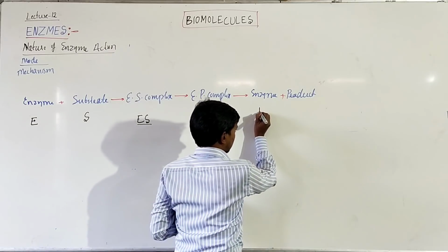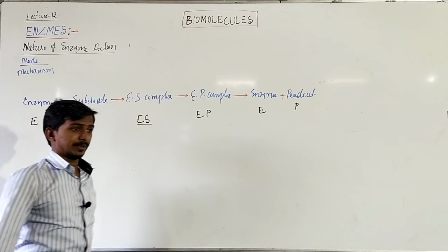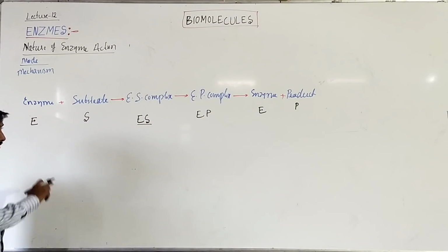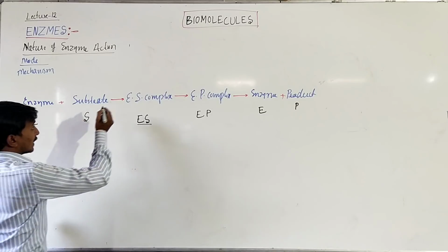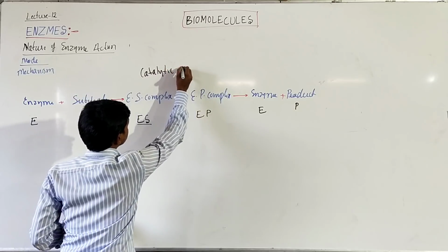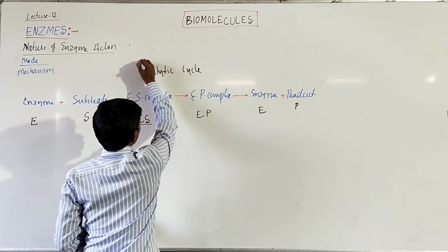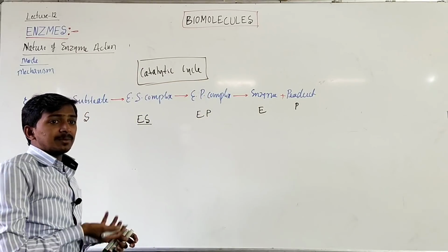So the enzyme gets separated and the product gets separated. Okay, so this is one catalytic cycle. One catalytic cycle means one cycle of the enzyme action.